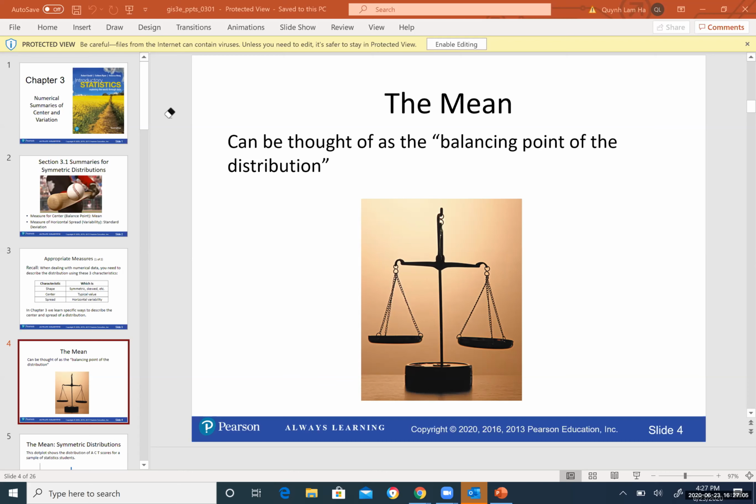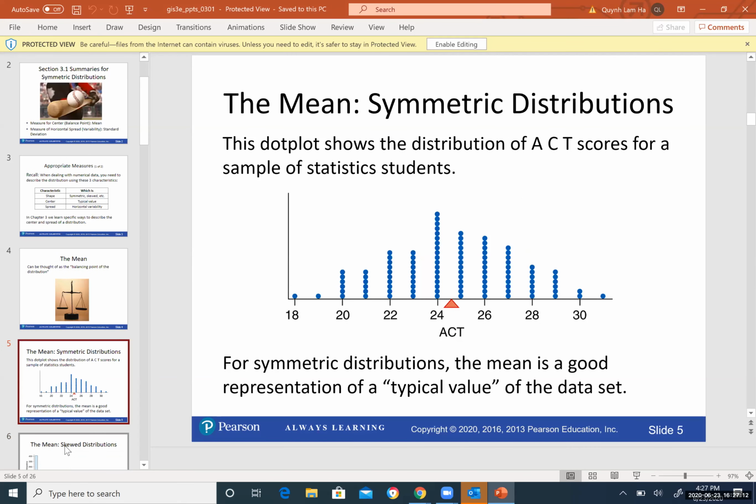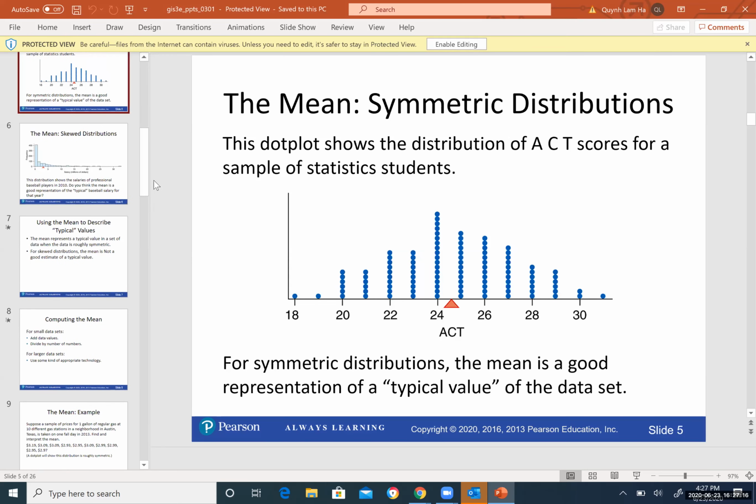So, what next? The mean, in other words, applies to symmetric distributions only. This dot plot shows the distribution of ACT scores for a sample of stat students.